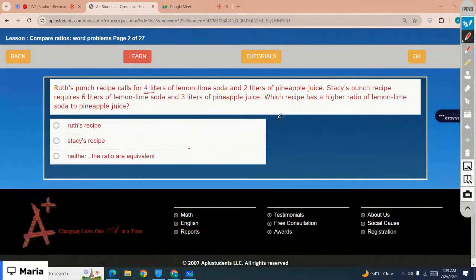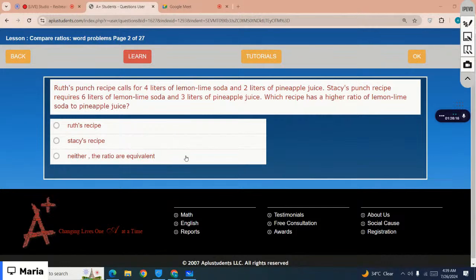Okay, so Ruth's is 4 to 2 and Stacy's is 6 to 3. So when you convert them into percentage form, 4 over 2 is 2, 6 over 3 is 2. They both are exactly equivalent, right? The correct option is they both are exactly equivalent.